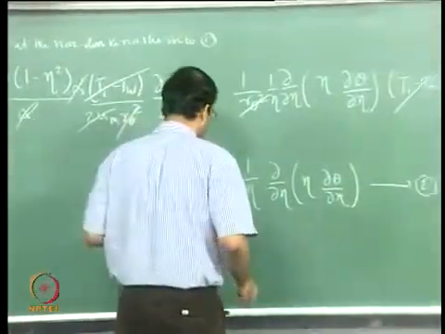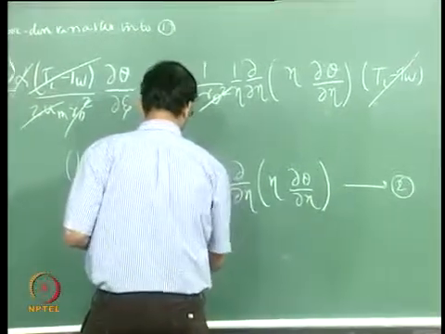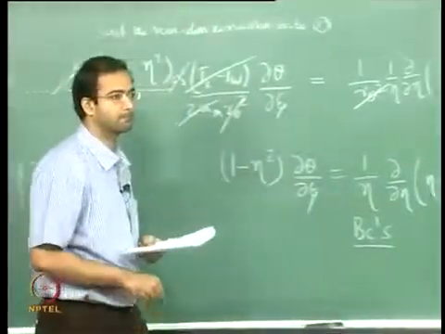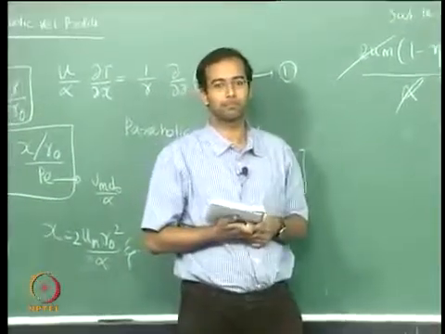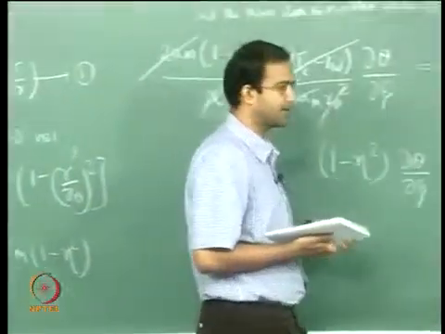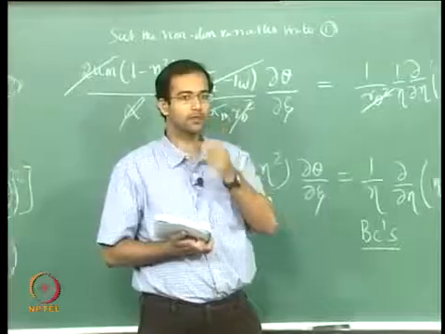So now the boundary conditions for this in terms of theta: to solve this, how many boundary conditions do we need? 3. One in zeta direction and 2 in eta direction.